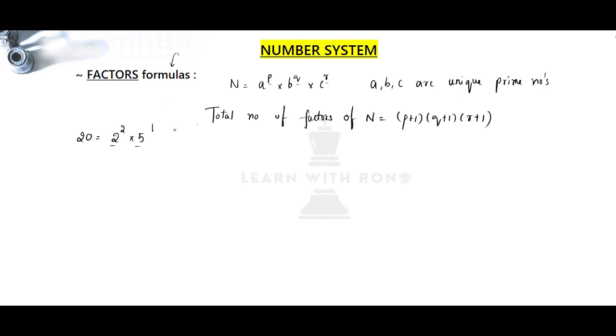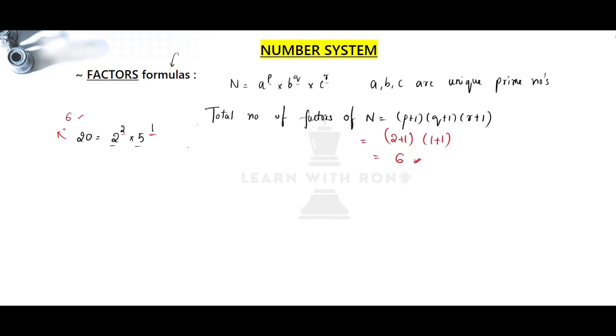Now if you take 20 as an example, the powers are 2 and 1, so 2 plus 1 multiplied with 1 plus 1. So we have 3 multiplied with 2, and we got the answer 6. So 20 has 6 factors in total.